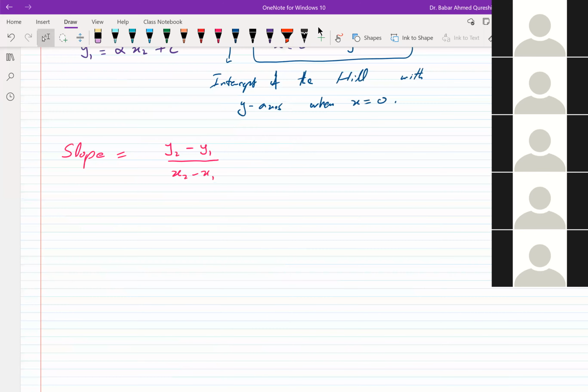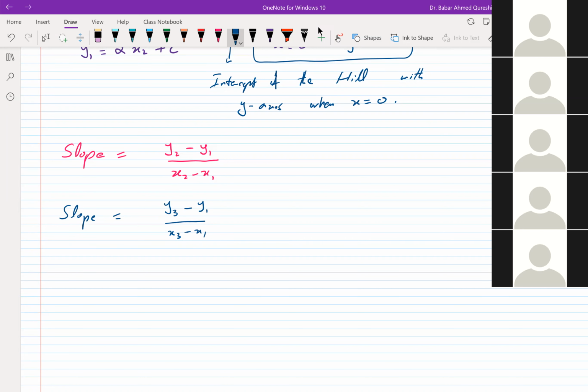So they would use y3 minus y1 over x3 minus x1, how much high they climbed when they covered a certain distance.